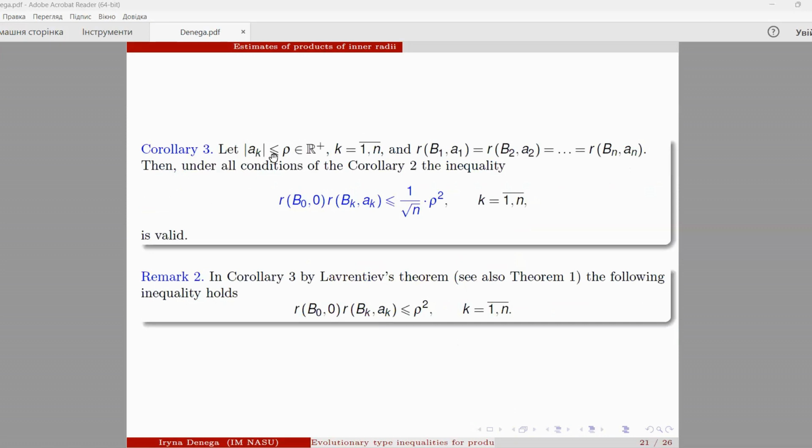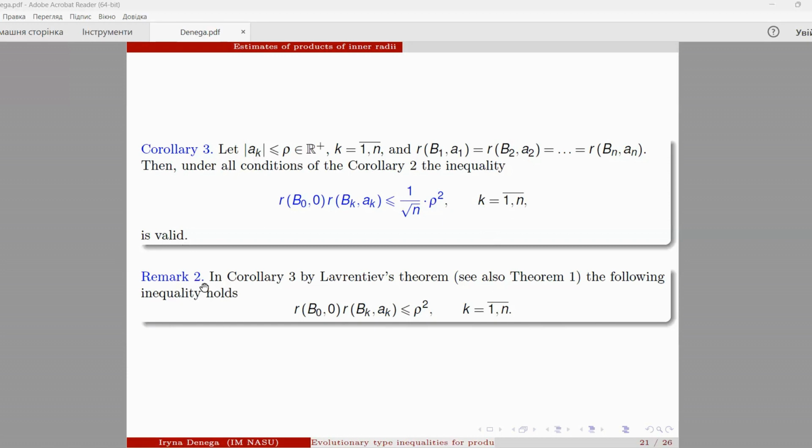Let the module of a_k be less than or equals rho from R plus, and in addition the radii are equal. Then under all conditions of corollary 2, we obtain the inequality R(B_0, 0) R(B_k, a_k) is less than or equals 1 over square root of n times rho squared for every k from 1 to n.